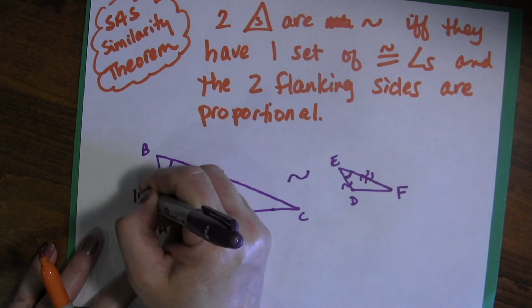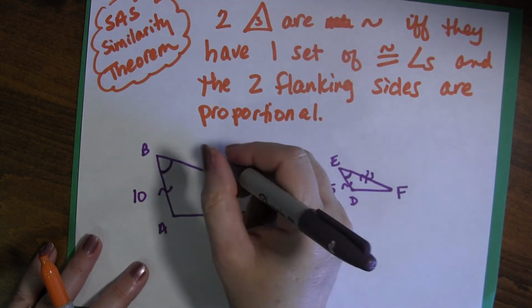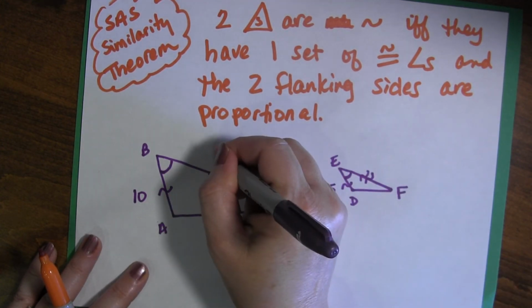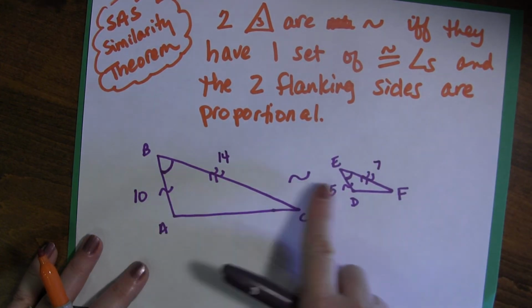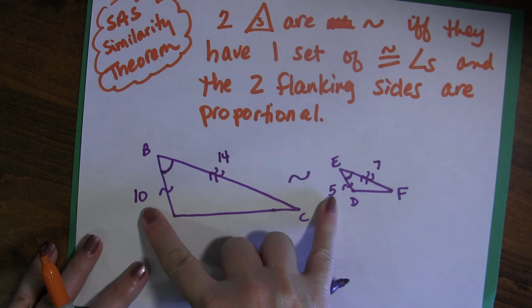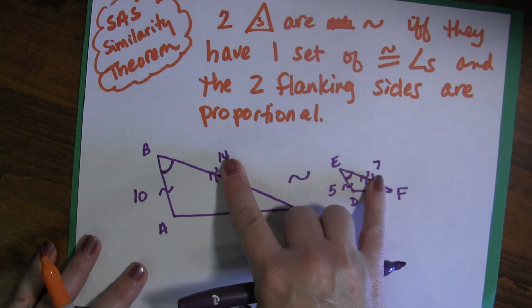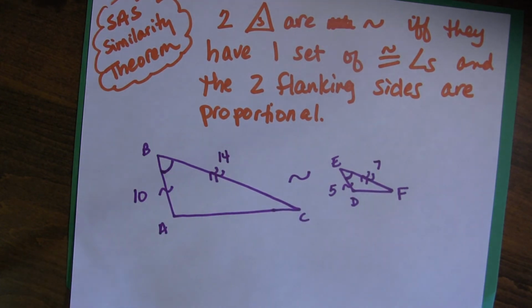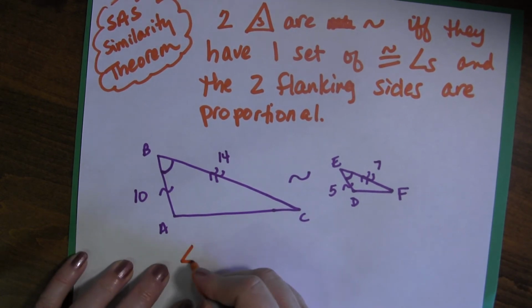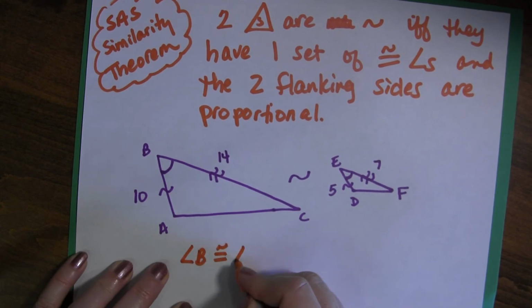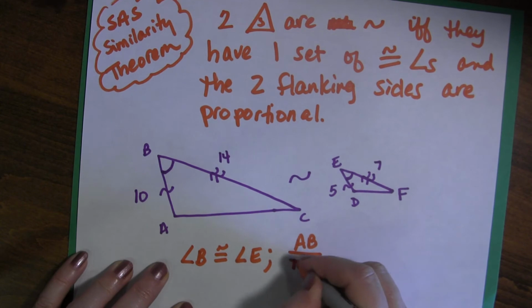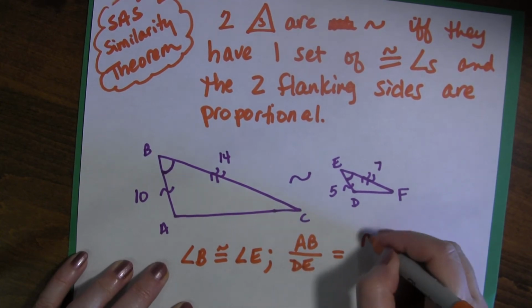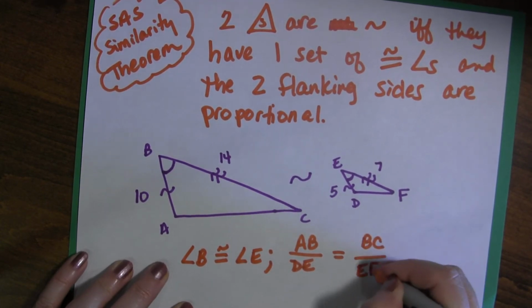So again, if this is a 10 and this is a 5, then this has to be like a 14 and a 7, right? It has to be in the same proportion. 10 divided by 5 is 2, 14 divided by 7 is 2. We could say, for our definition, angle B is congruent to angle E, and AB divided by DE has to equal BC over EF.